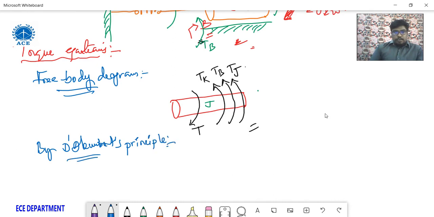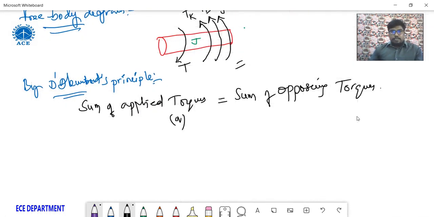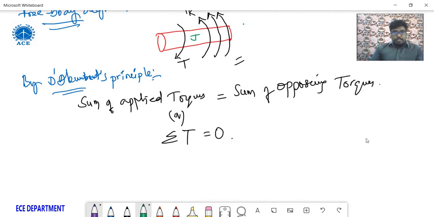The sum of applied torques is equal to the sum of opposing torques, or in a simple manner, the sum of opposing and applied torques acting on an inertia element is 0. Okay, so let us take it in detail.